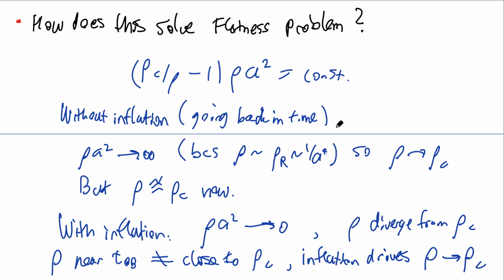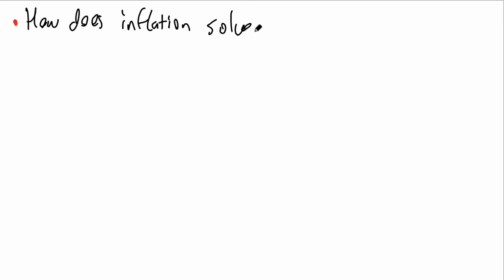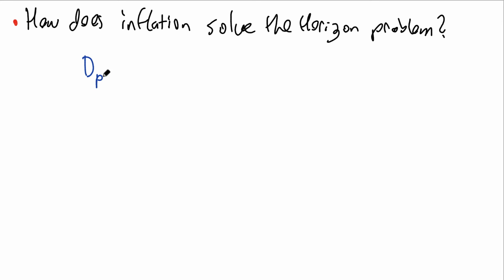How does inflation solve the horizon problem? Well, if you'll recall, the size of our past event horizon at the time of decoupling was given by this proper distance I call d sub p.